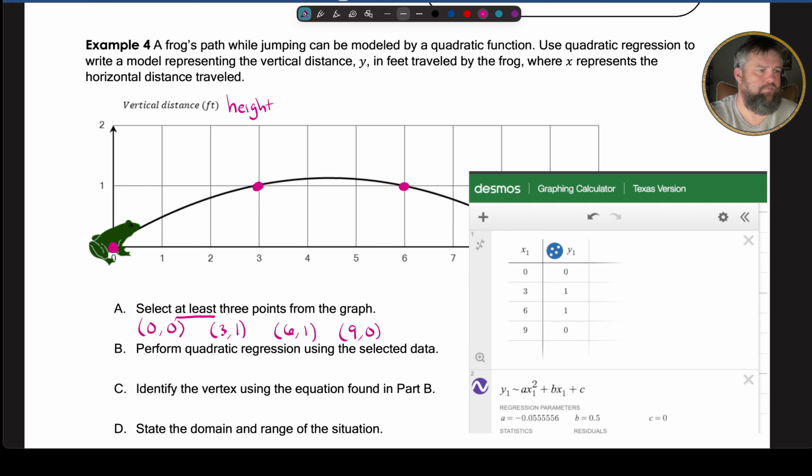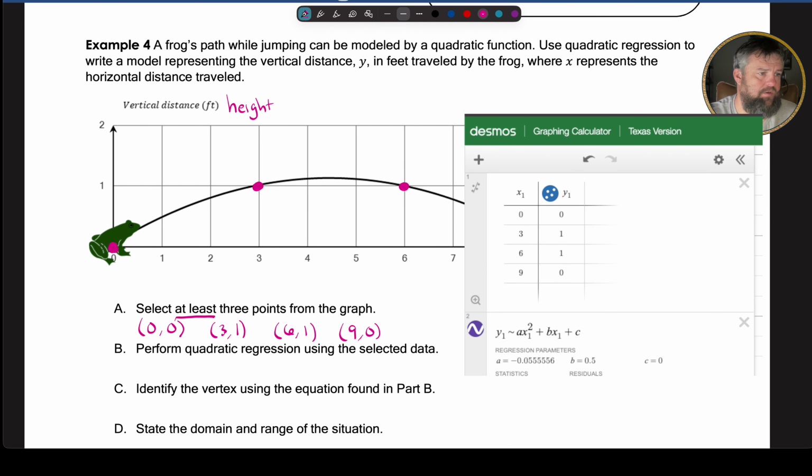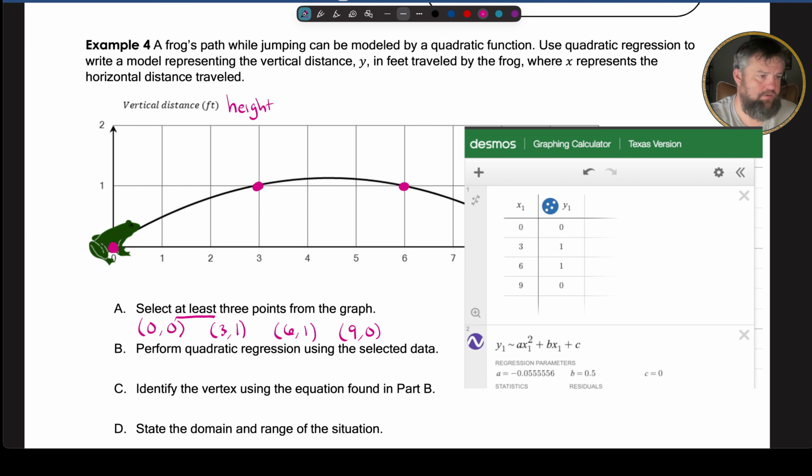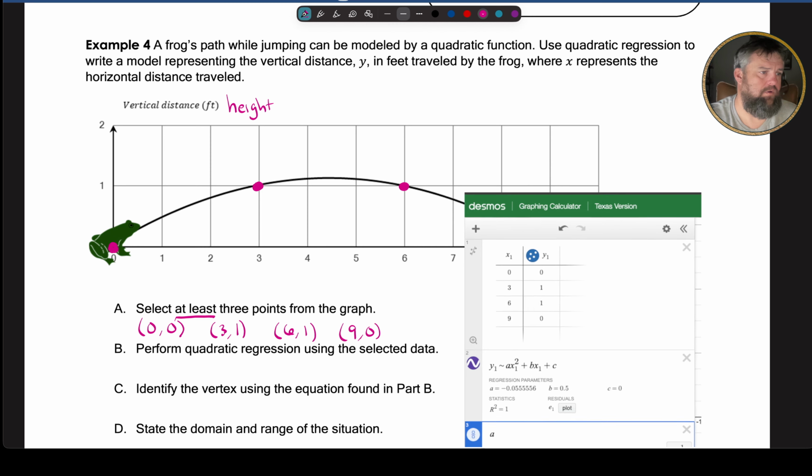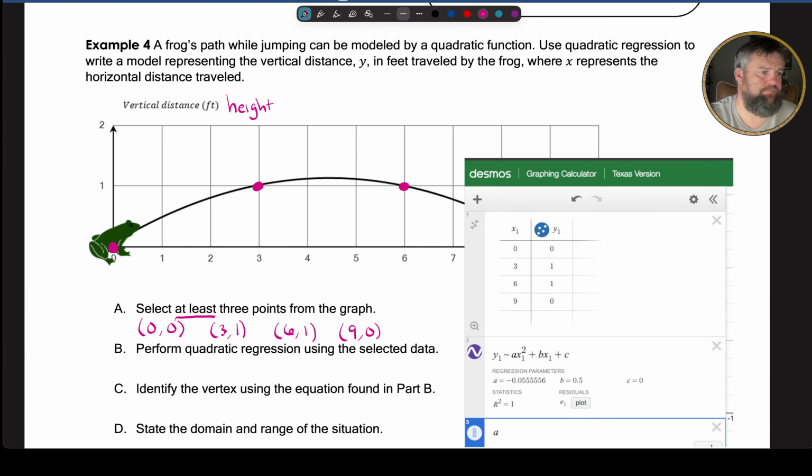Give me just a second. There we go. Let me pull this up just a bit more. All right, so anyways, what you're not seeing on my screen is that a is negative 1/18.